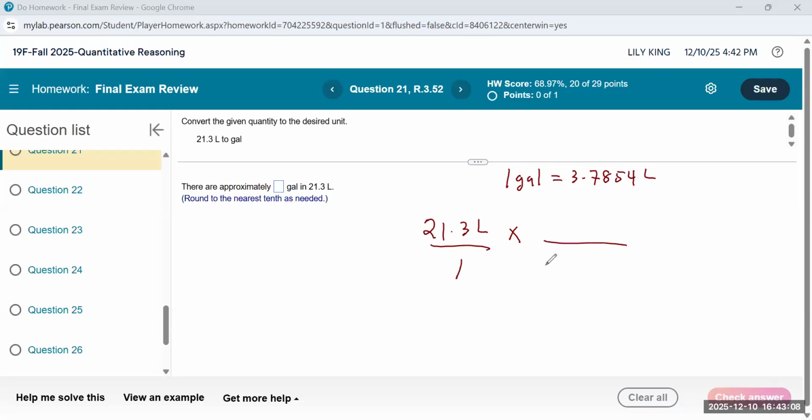So you put your 3.7854 liters at the bottom and you put your 1 gallon at the top. Liters cancel out. Divide 21.3 by 3.7854. So to 1 decimal place, 5.6.